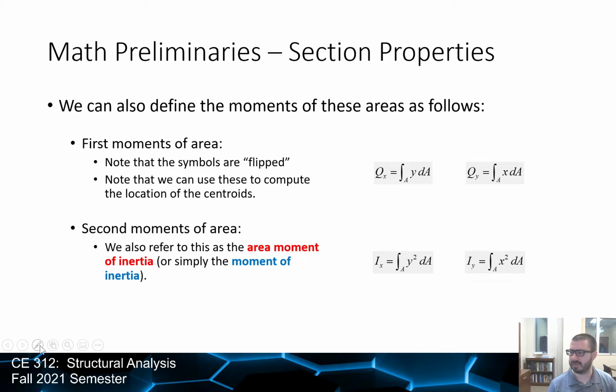Second moments of area we tend to have a special name for. We call those the area moment of inertia. As you're going to see here in a bit, they are very prevalent in beam theory in determining the behavior of elements under bending. Now, just to be clear, we could come up with third moments, fourth moments, fifth moments. We could go crazy with this.